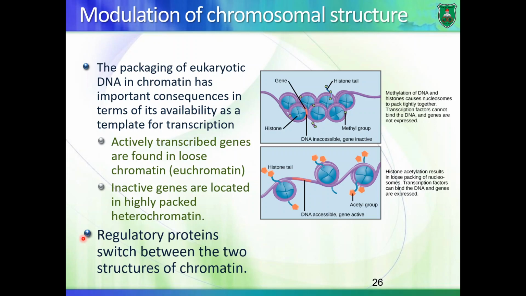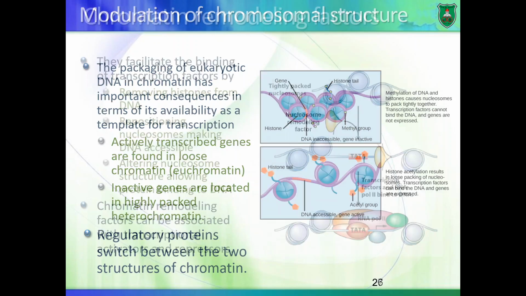What regulatory proteins do is switch DNA between the two structures of chromatin: euchromatin for active genes and heterochromatin for inactive genes. That's what we mean by modulating, modifying, changing the structure of chromosome.